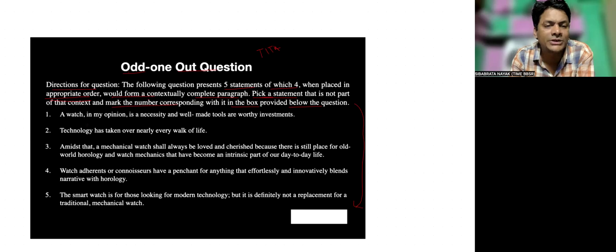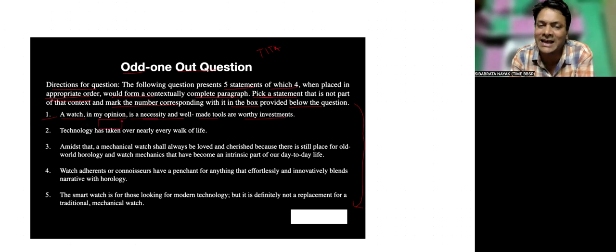The five statements which have been provided here. The first statement stated that a watch, in my opinion, is a necessity, and well-made tools are worthy investments. Looking at the first statement, we can find out it is the author's opinion, and the author's opinion is based on what? That a watch is a necessity and well-made tools.